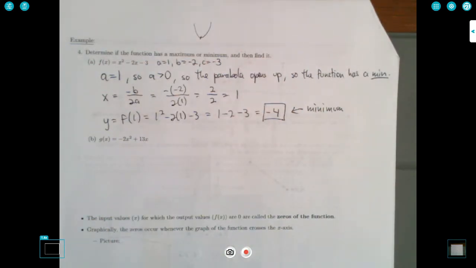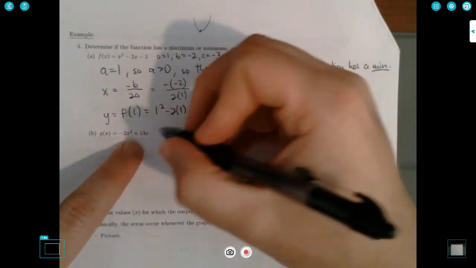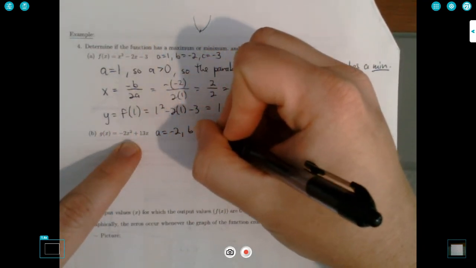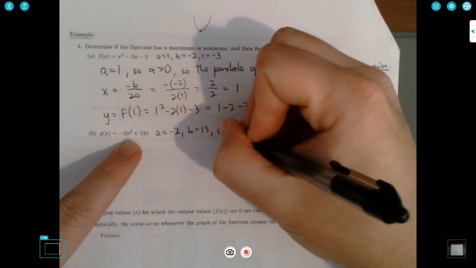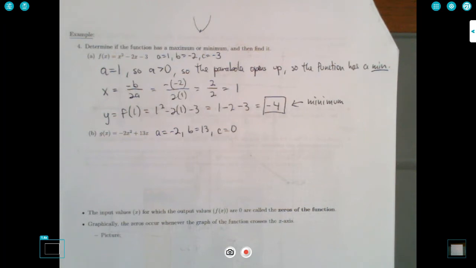Let's do another one. So we have g of x equals negative 2x squared plus 13x. So in this case, a is negative 2, b is 13, and c is 0, right? Because saying negative 2x squared plus 13x is the same thing as saying negative 2x squared plus 13x plus 0, right? So c is 0.